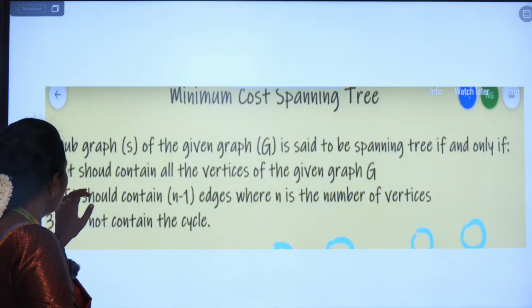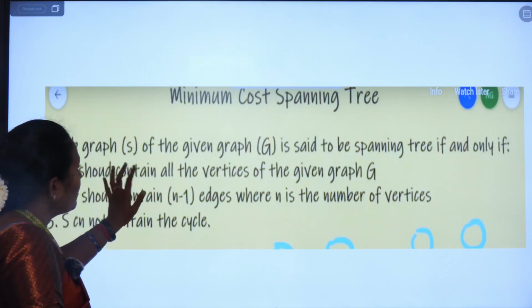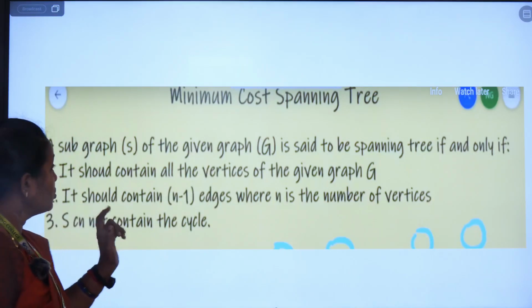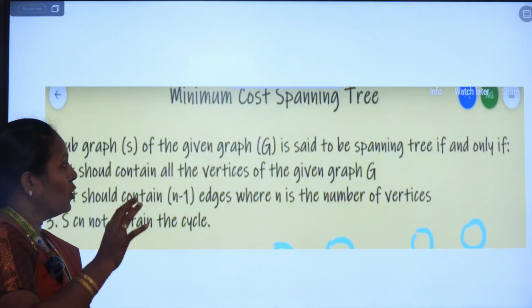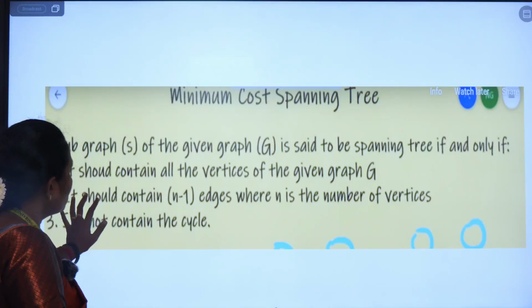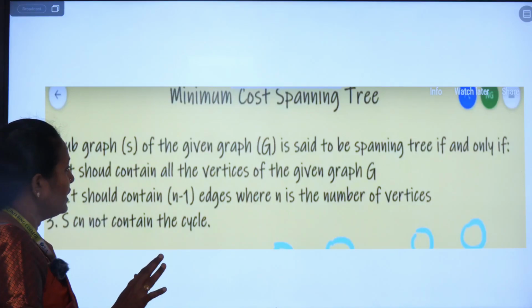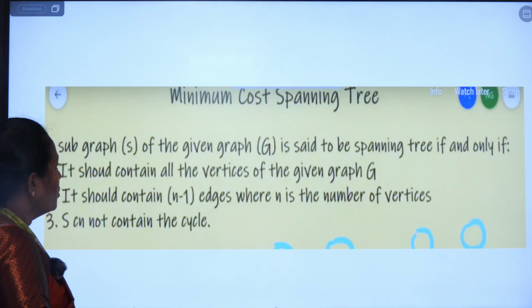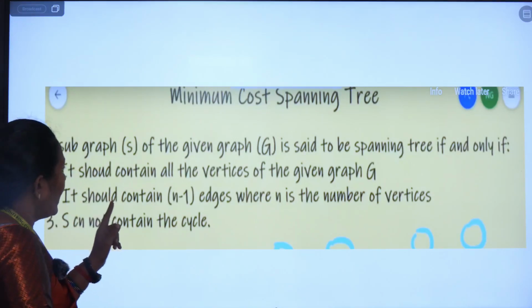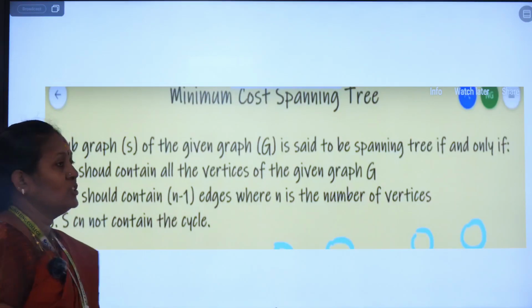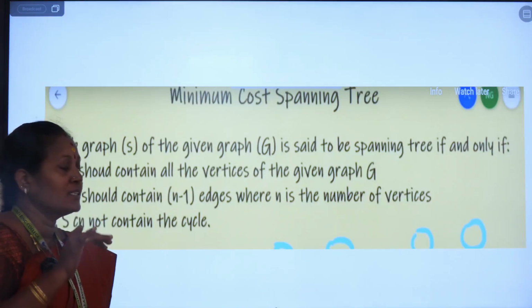The first one is, it should contain all the vertices of the given undirected graph G. Second, it should contain n-1 edges, where n is the number of vertices. Suppose we are having 8 vertices, the number of edges will be 7 in the subgraph.